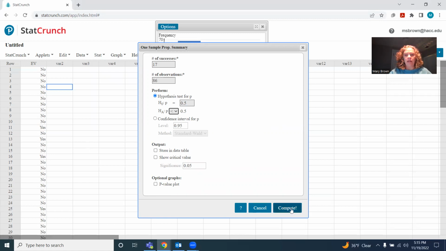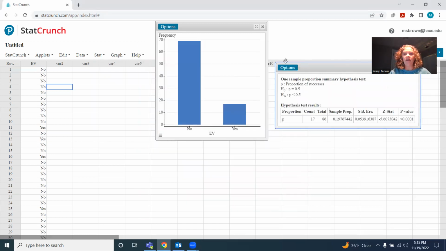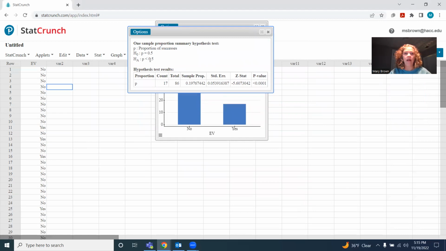I don't think we need to mark anything else there, so let's go ahead and compute. We find from the hypothesis test that the sample proportion from our group was 0.197, so about 20% of the sample have in fact ridden in or driven an electric car. We also find the z-test statistic is negative 5.6, and we find the p-value to be smaller than 0.0001.